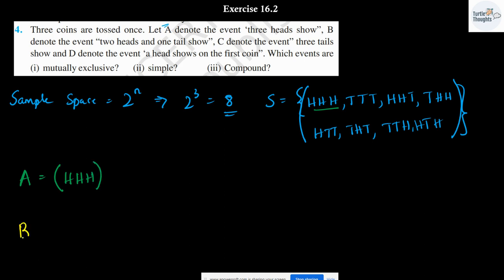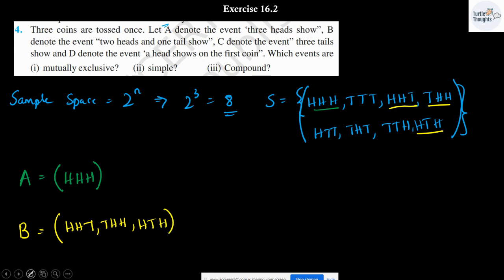Let me write event B. Event B is two heads and one tail show. Two heads and one tail. These are over here: HHT, THH, HTH.